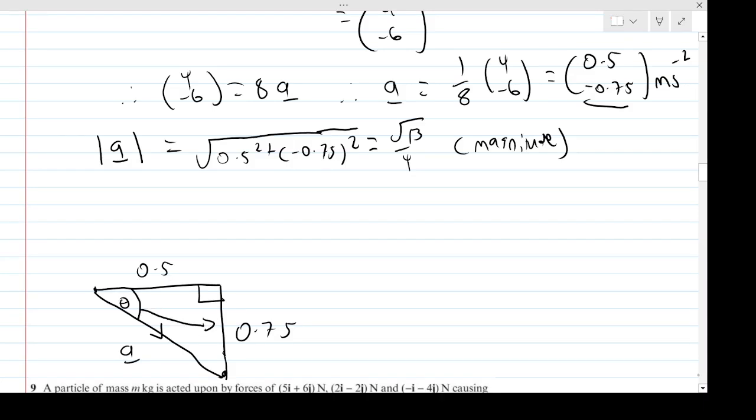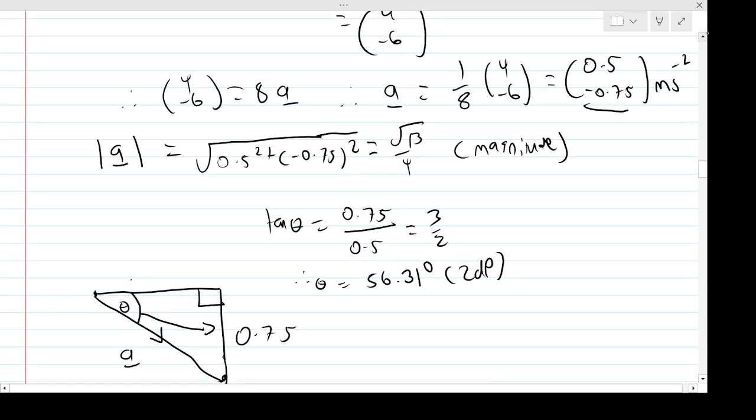So tan theta is going to be the opposite of 0.75 over the adjacent of 0.5. Does that simplify to anything? 3 over 2. So therefore, theta is inverse tan of 3 over 2, which is 56.31 to 2 decimal places.